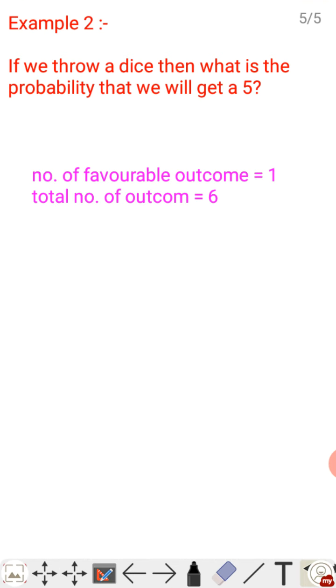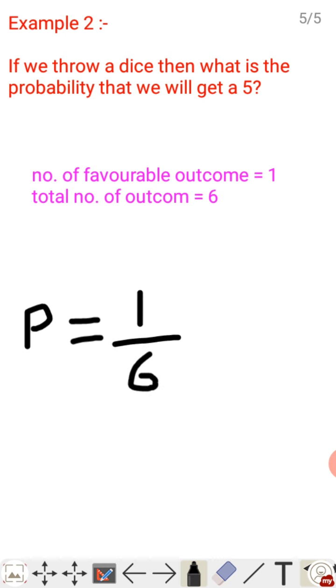Now the formula for probability you know: probability equals the number of favorable outcomes upon the total number of outcomes. By putting the values in the formula we get 1 upon 6. So the probability to get the number 5 will be 1 upon 6.